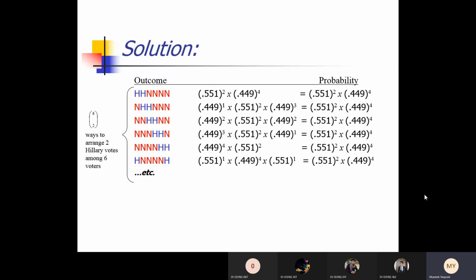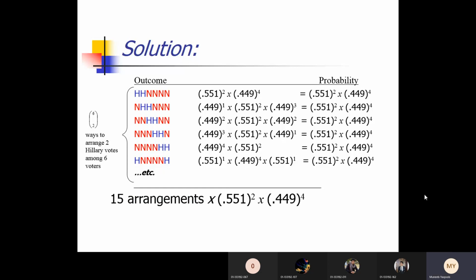Rather, we can write 6C2 into p power x into q power n minus x. That is, 6C2 is 15. P is basically the probability of success, so 0.551. Power, since we want 2 voters to vote for Mrs. Clinton, x is 2. So 15 multiplied by p power 2 multiplied by q power n minus 2. So 6 minus 2 is 4.